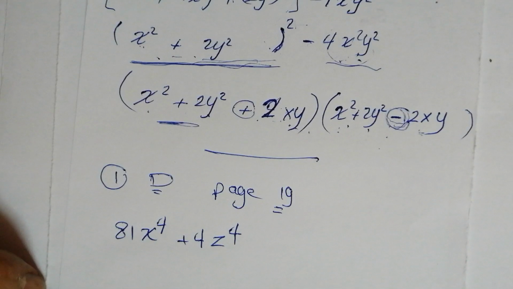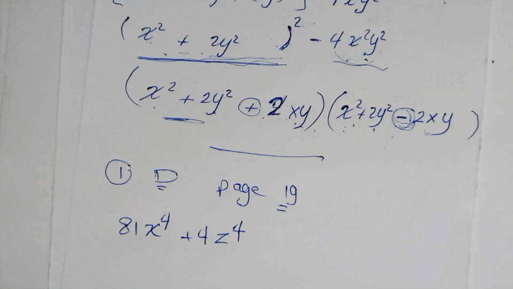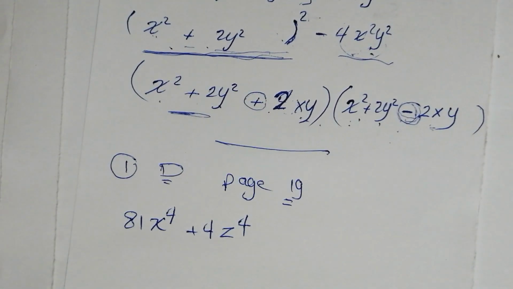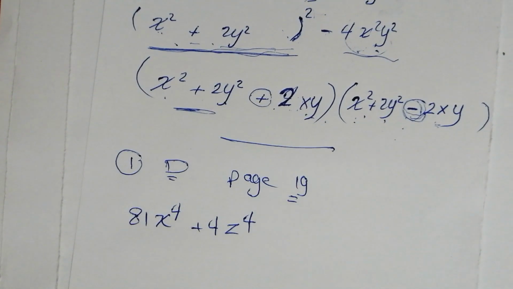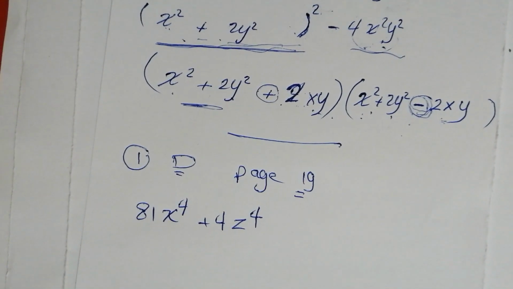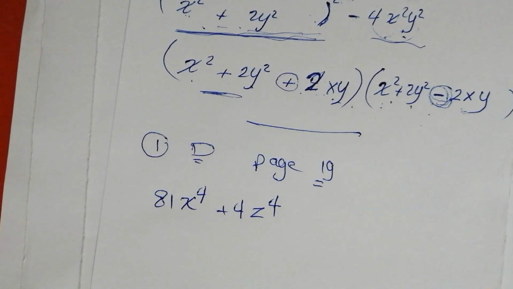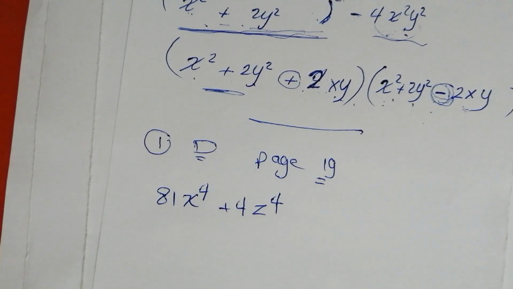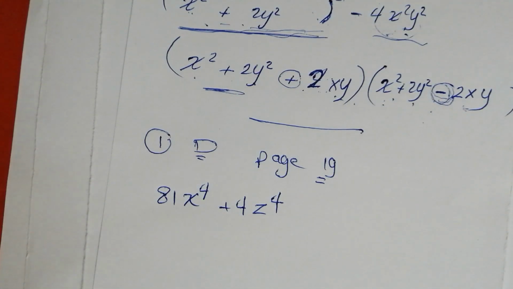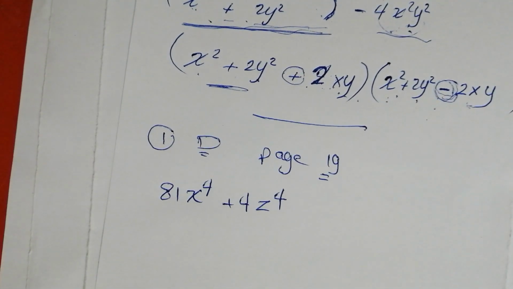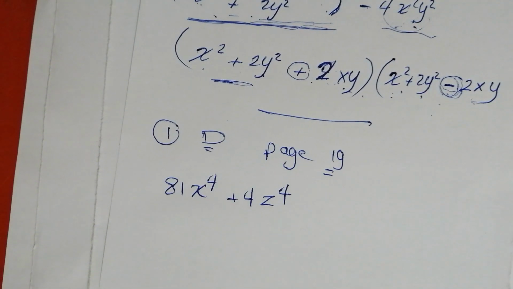I'm going to ask you a question. This is an expression of two terms. It is not a trinomial. It is not a difference between two squares. Yes, that's very good. And it is not a difference between two cubes, and it is not a sum of two cubes. What is it like?